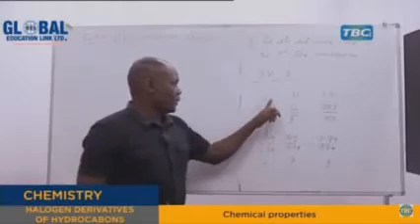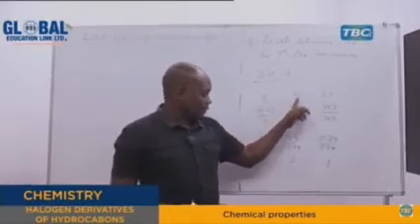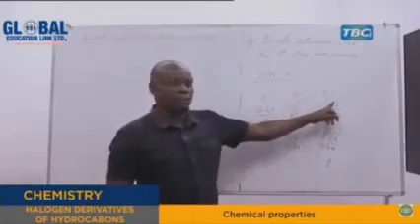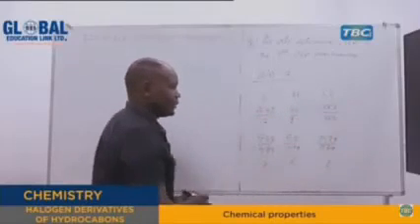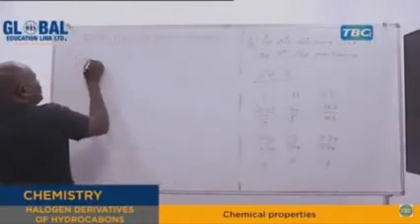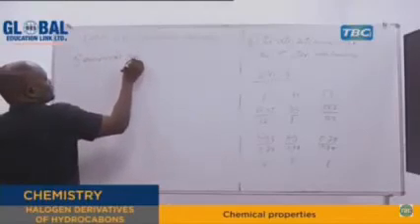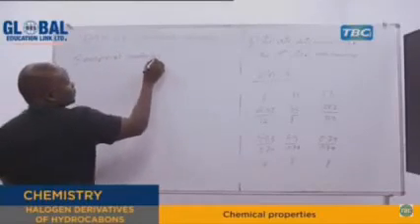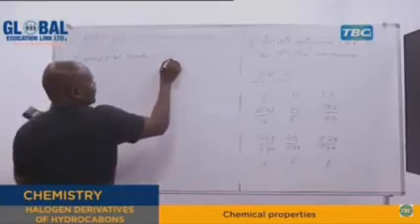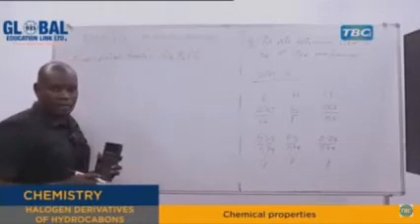We have 7 carbon atoms in our haloalkane, 7 hydrogen atoms, and 1 chlorine atom. So the empirical formula will be C7H7Cl.